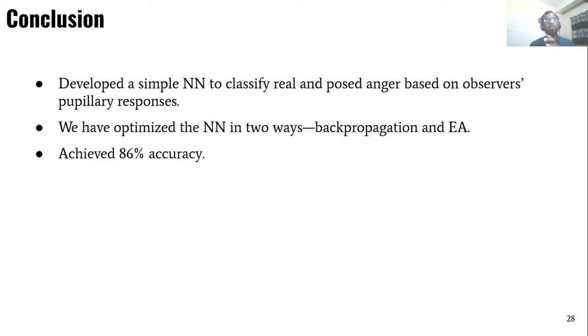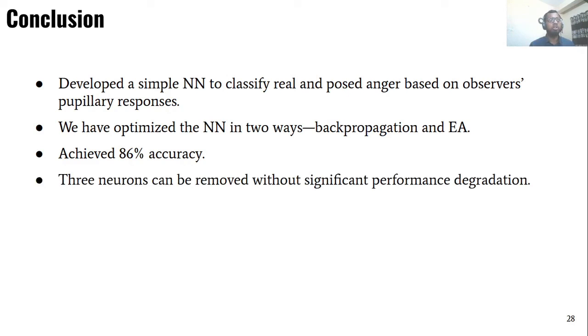We also compared this particular score with recent literature based on the same data set, and we can say that even using this simple architecture, our score is quite competitive. And also we showed the pruning process. There we can say that 3 neurons can be removed with some performance degradation, and 2 neurons can be removed without any performance degradation.